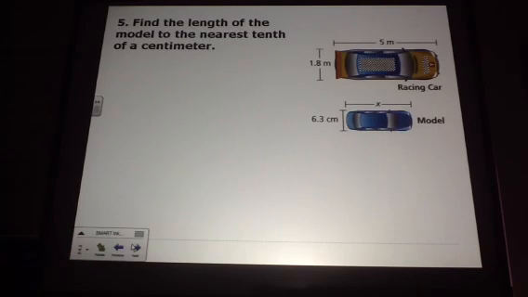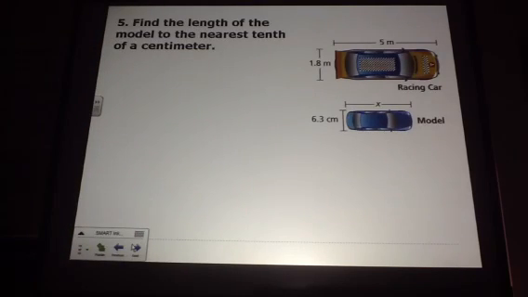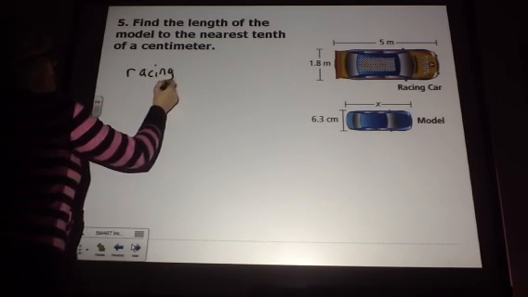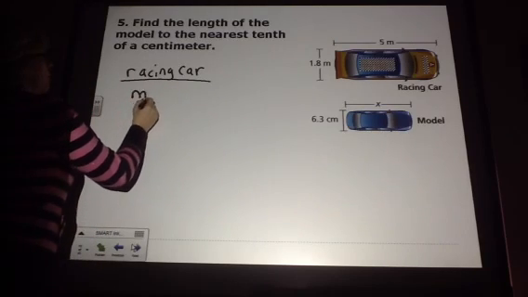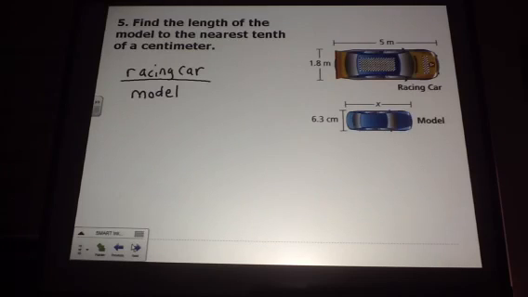Find the length of the model to the nearest tenth of a centimeter. Okay, so what we're going to do here is we're going to set up our proportion and use the racing car over the model.